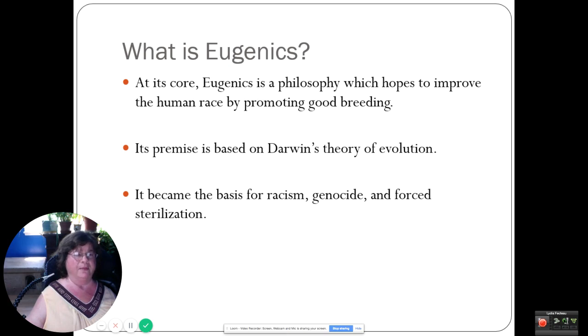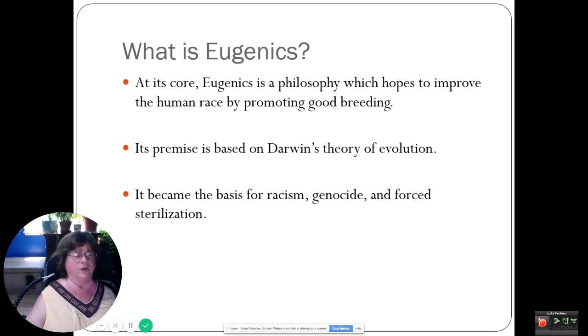So its premise is based on Darwin's theory of evolution. They looked at Darwin's theory of survival of the fittest and of hereditary evolution and said, well, why can't we apply this to things outside the physical realm? What does that mean? Apply it to poverty, apply it to education.